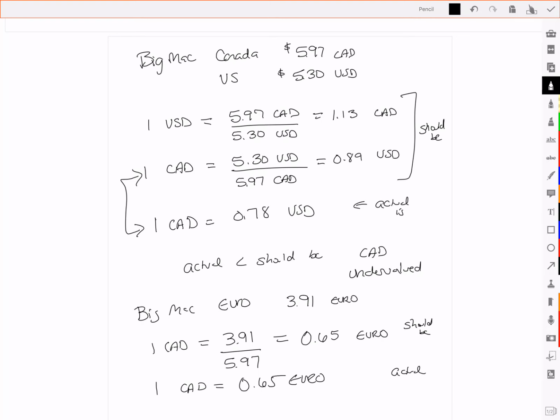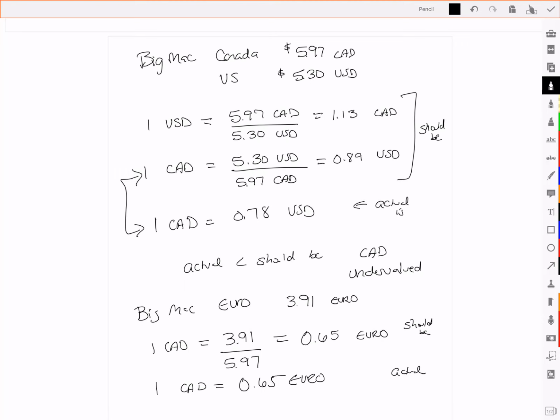So, for example, if you went and bought a Big Mac with $5.97 Canadian, you could convert it into euros at a rate of 1 Canadian dollar equals 0.65 euros. And once you did that, it would convert into exactly the amount you need to buy a Big Mac in the European Union. So we have purchasing power parity.